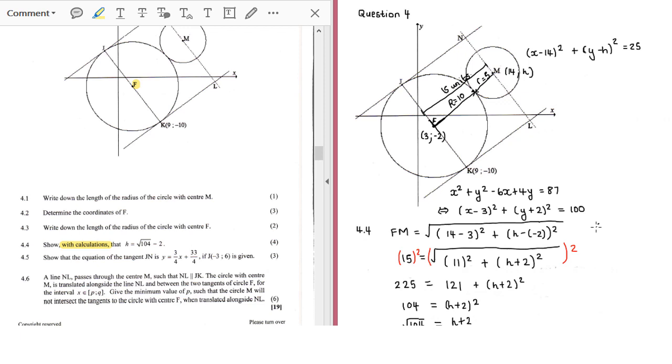Finalizing from there, we get that h is equal to the square root of 104 minus 2. And we're done, because we've answered the question and shown with a calculation that h is in fact equal to that value right over there. So maybe we can substitute it in over here in our diagram: the square root of 104 minus 2.